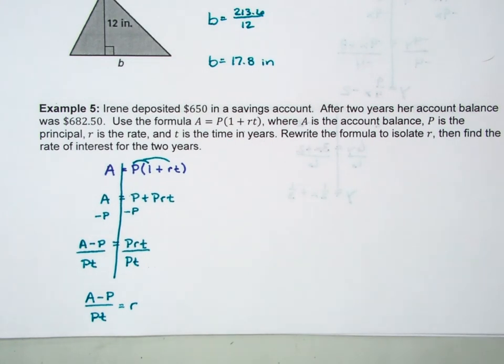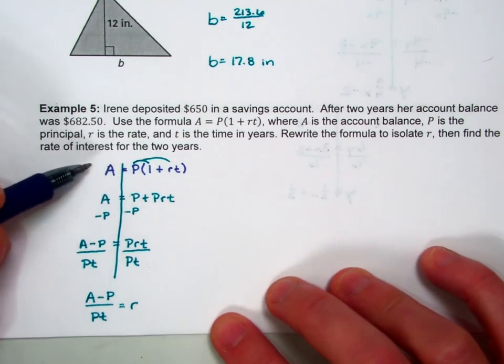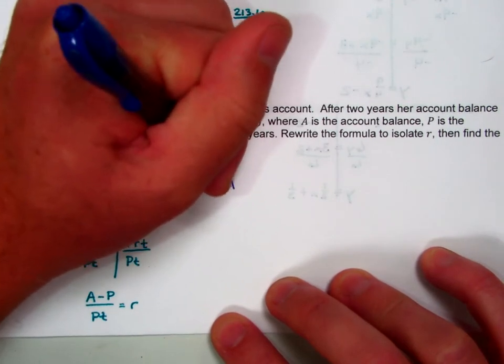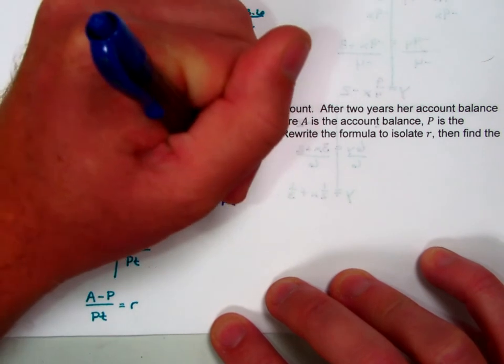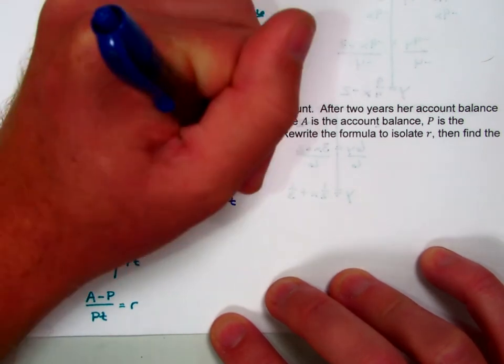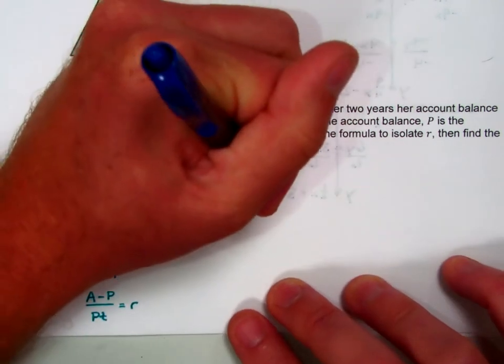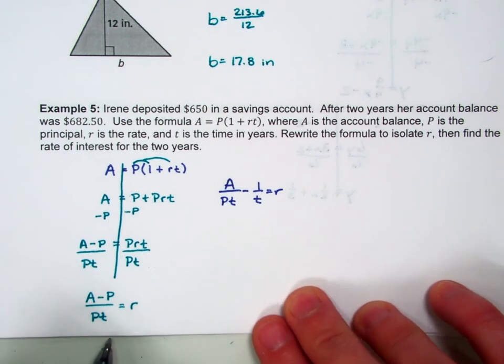Now, believe it or not, we could actually simplify this equation. We're just going to leave it like this, though. If you did solve this for R right away by dividing by P, I am going to put that answer in here. You could have A over P times T minus 1 over T. A little bit different looking, but it's actually the exact same answer as what we have down here.